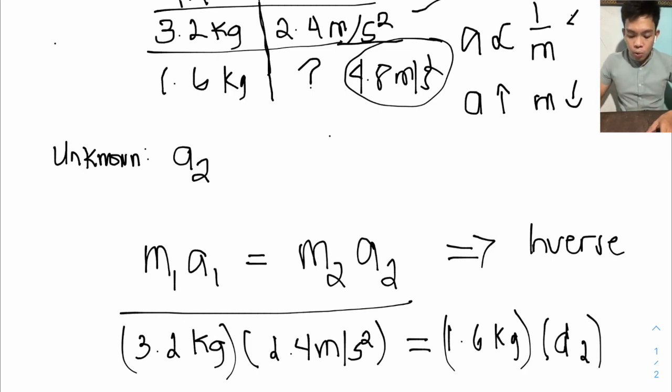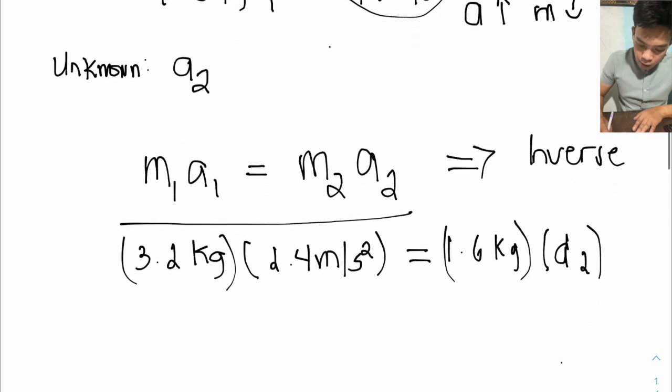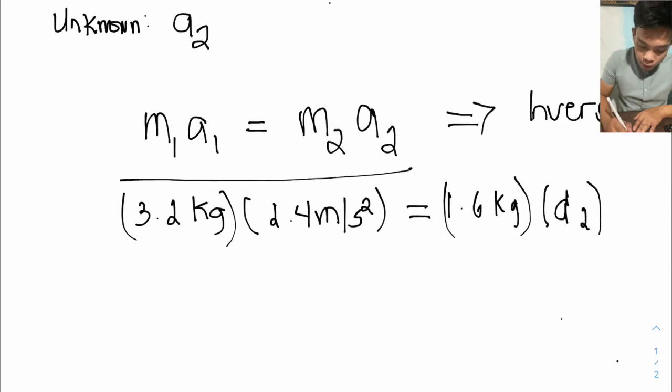Right? So we need to multiply 3.2 kilogram using our friend, the calculator. So 3.2 multiplied by 2.4, the answer is 7.68.